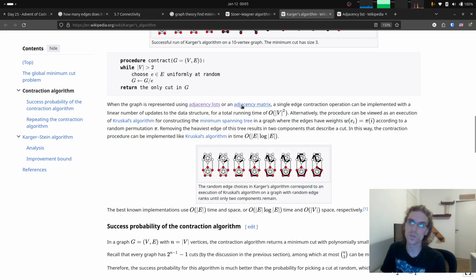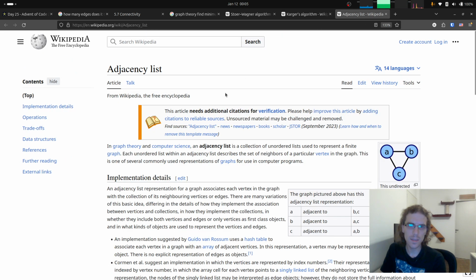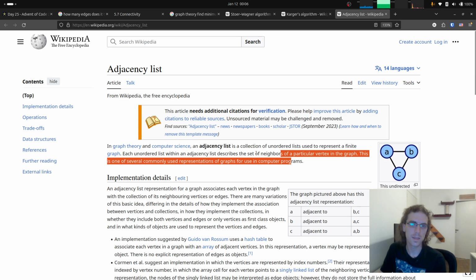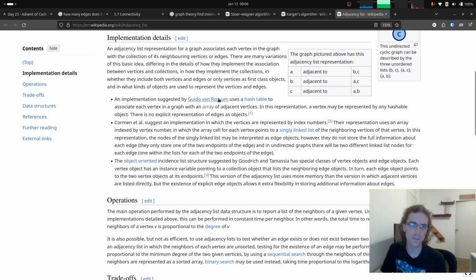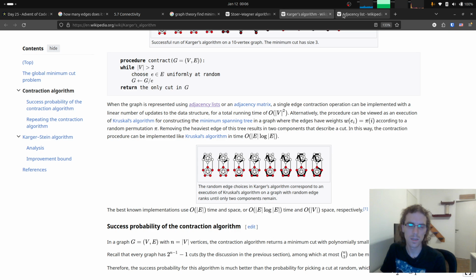But how you would contract that thing, I'm not sure. An adjacency list used to represent a finite graph in general. Yeah, okay. Yeah, this is the way that we are doing things now, or more or less, this adjacency list.